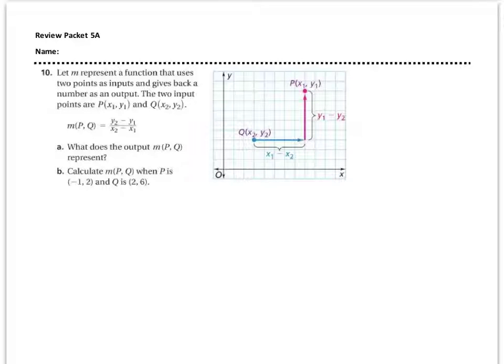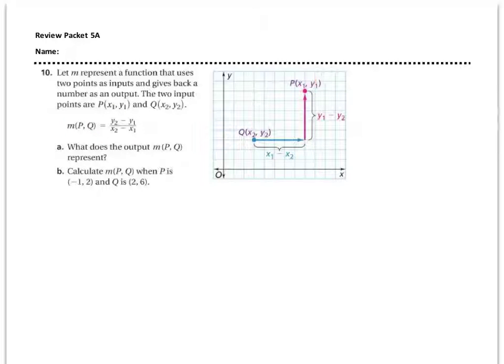Number 10, let M represent a function that uses 2 points as input and gives back a number as an output. The 2 input points are P, x sub 1, y sub 1, and Q, x sub 2, y sub 2, and M of P, Q. Remember this? This is the slope between P and Q. It's y sub 2 minus, you've seen this before.